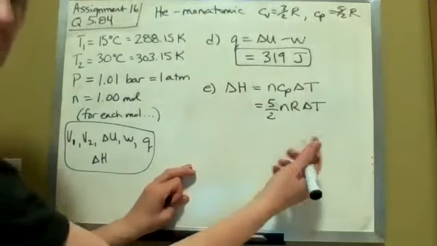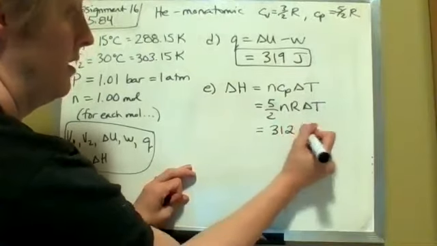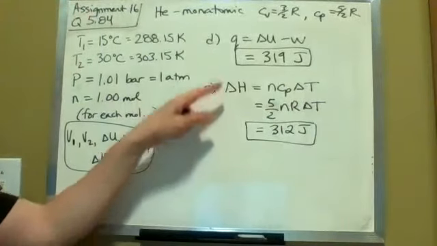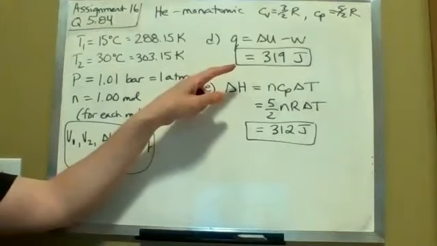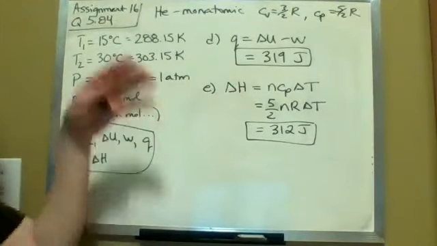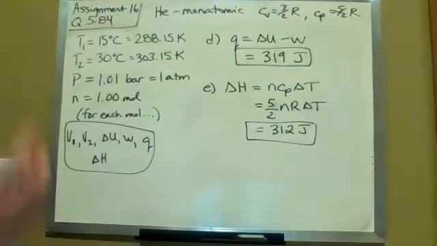If you work this out, you end up with 312 joules, which is extremely close to our heat that we calculated, 319. They're almost identical because it depends on how many units you've kept, what conversions you've added, or how many decimals you've kept. These are pretty much identical.